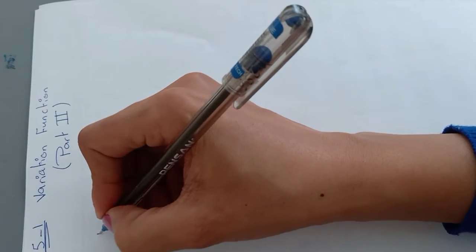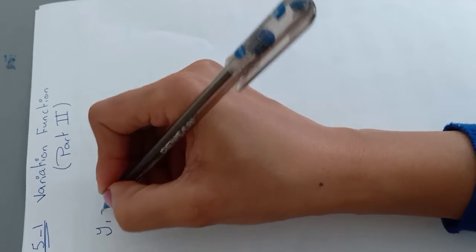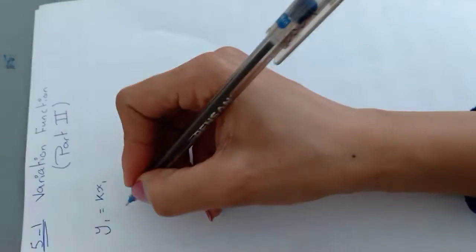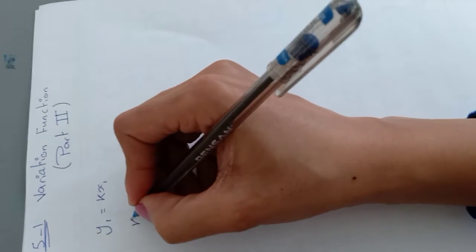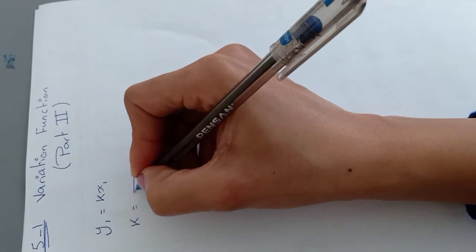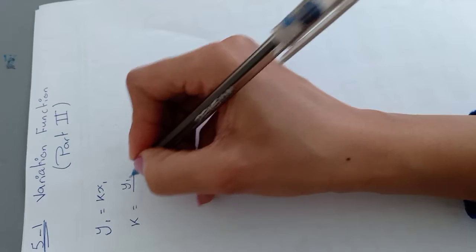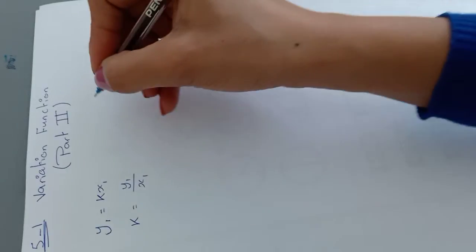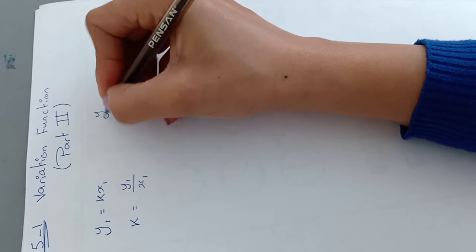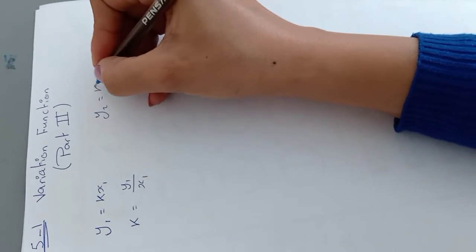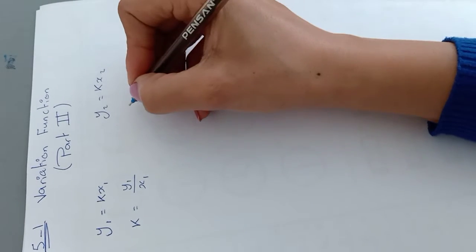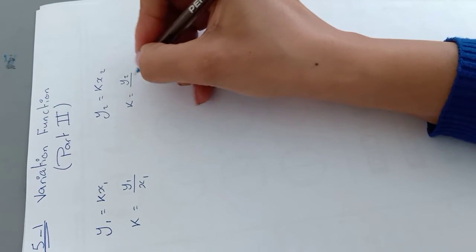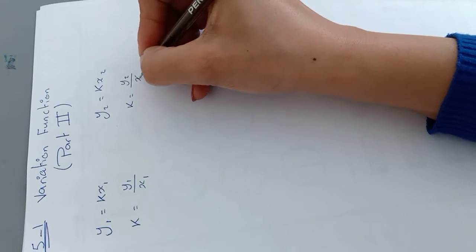For example, if y1 equals k x1, then k equals y1 over x1. Okay, this is the first part. And if y2 equals k x2, so k here equals y2 over x2.